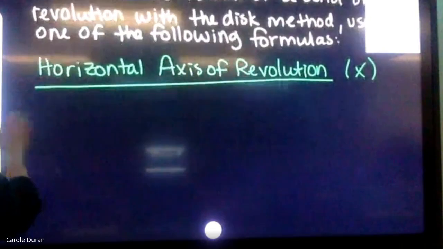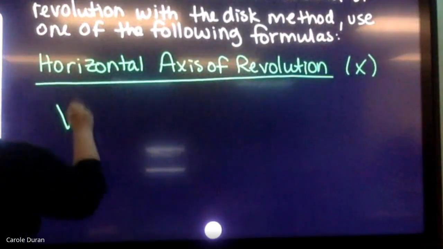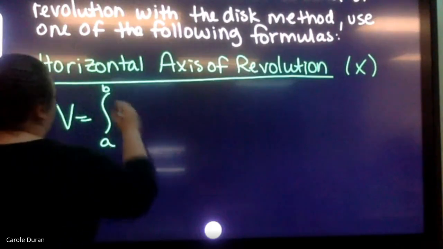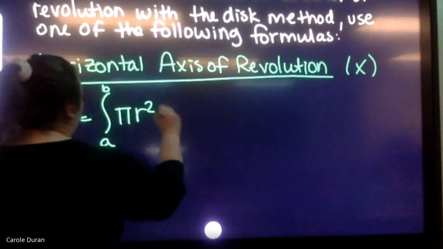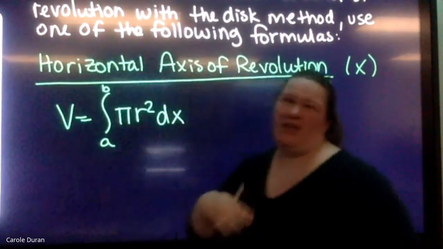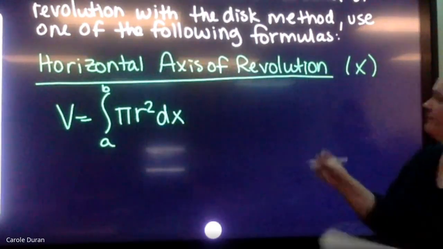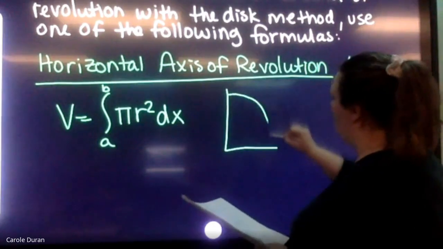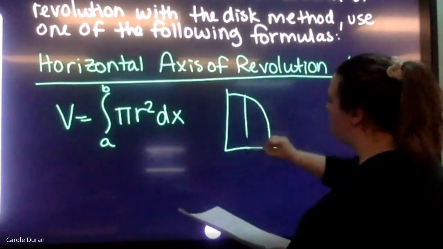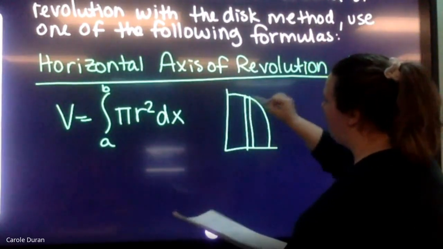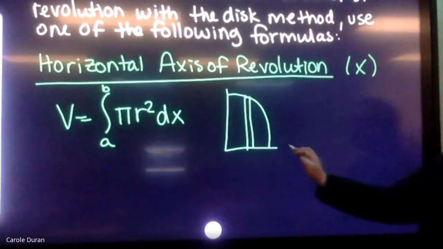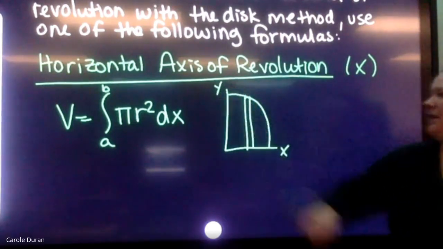So for a horizontal axis of revolution, we would do the integral from a to b of pi r squared dx, because our radius will be something in terms of x. If we were looking at the x and the y axis, our general shape would look like this with our cross section coming out perpendicular to the x-axis.